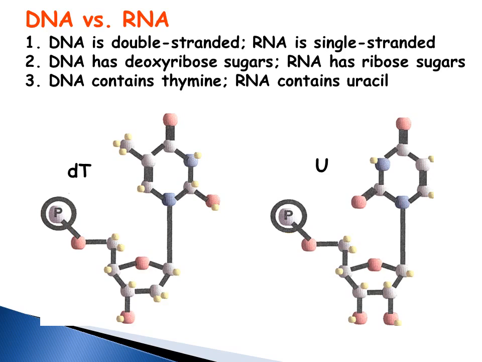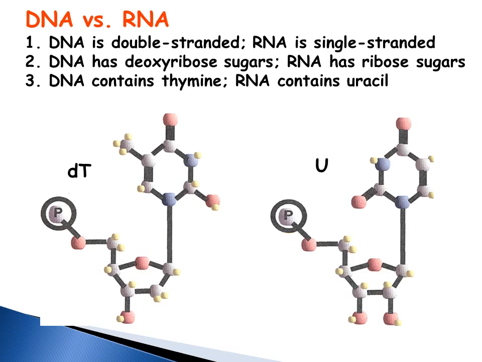So DNA and RNA. DNA, we said, is double-stranded, that nice double-stranded coiled helix. RNA is single-stranded. DNA has deoxyribose sugar. RNA has ribose sugar.